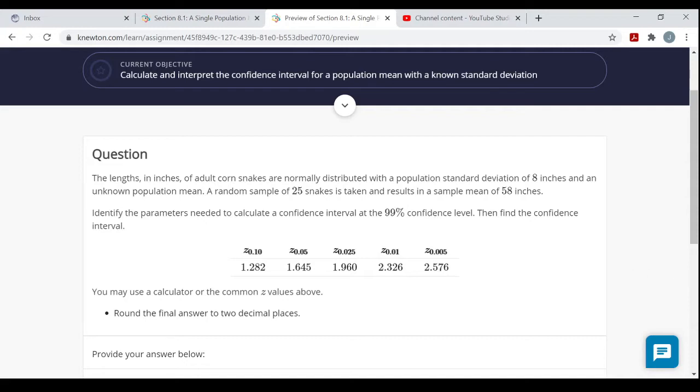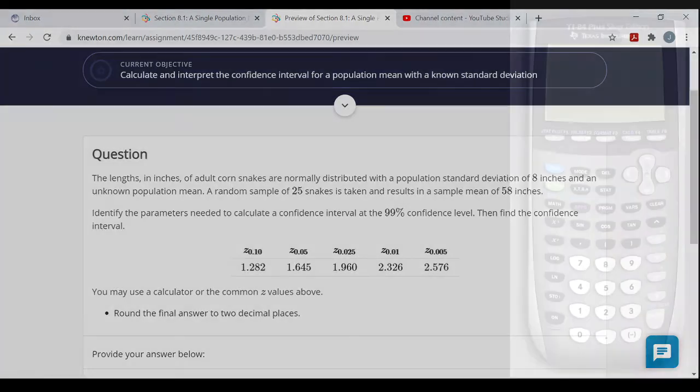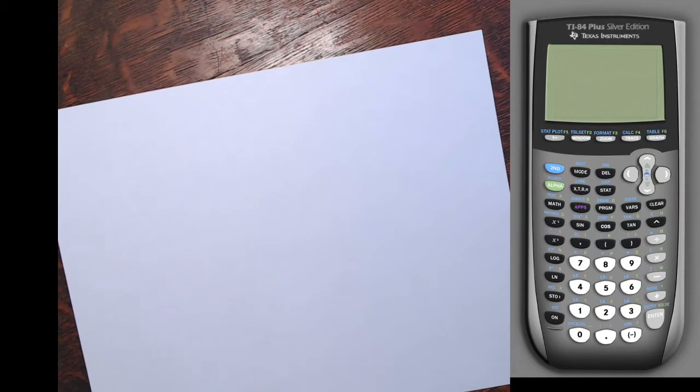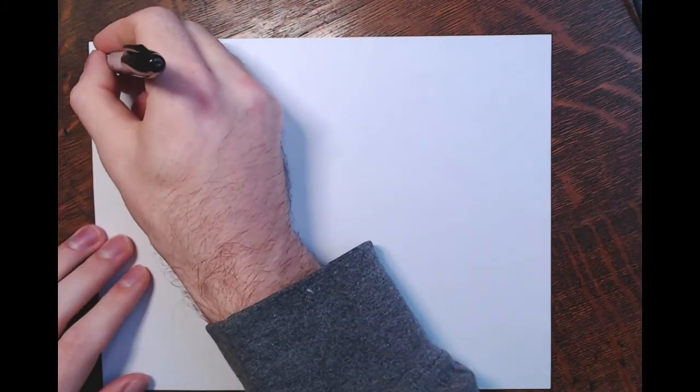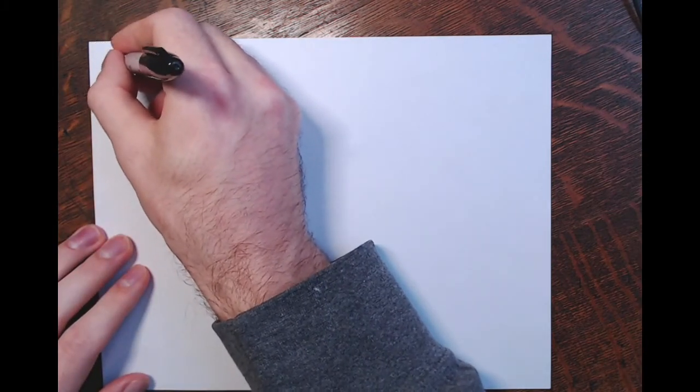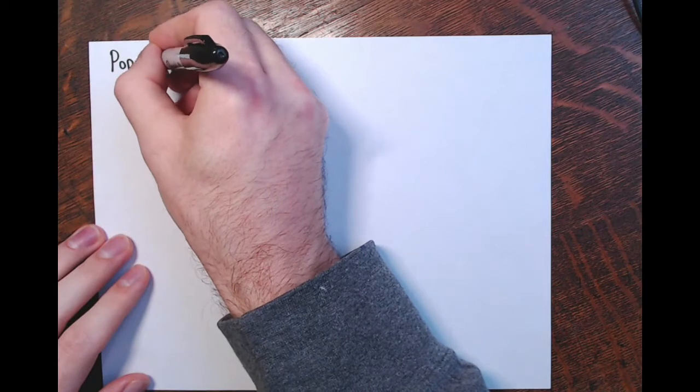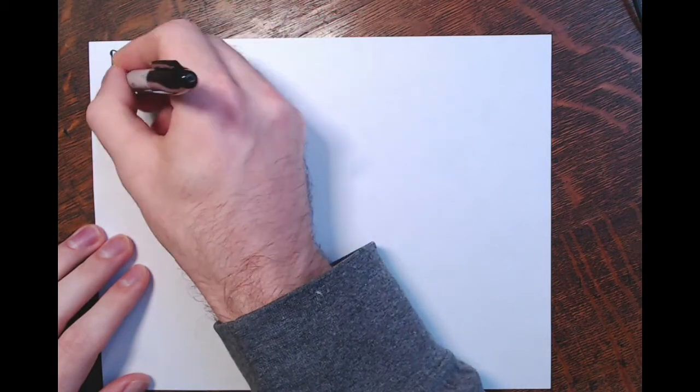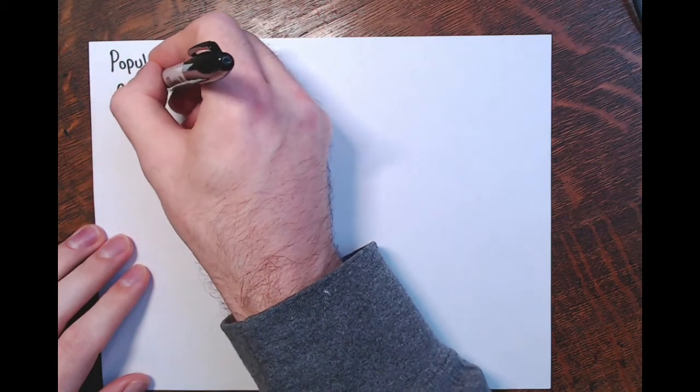Alright, so I'm going to go to a piece of paper and draw a picture, a little descriptor of what's happening here. So we have this population of adult corn snakes.